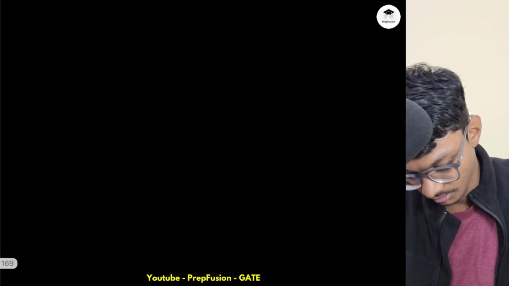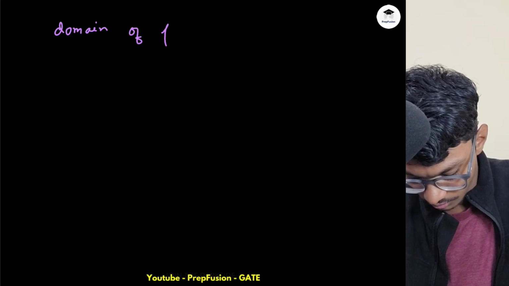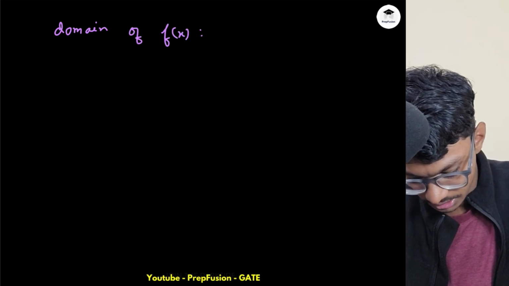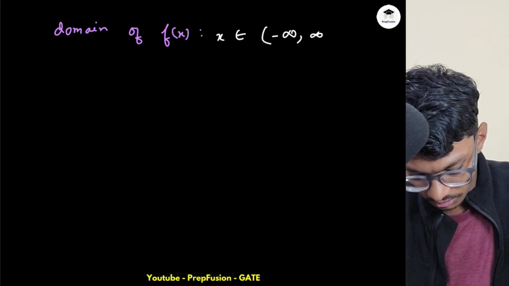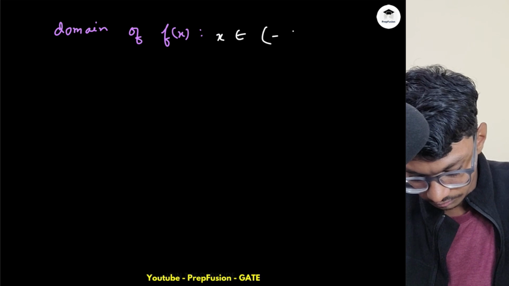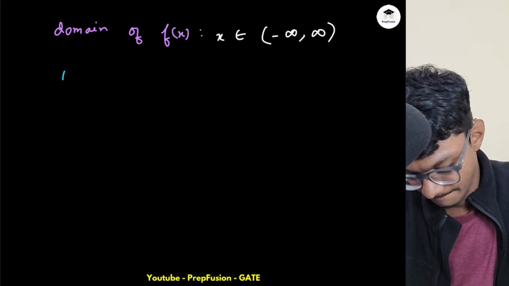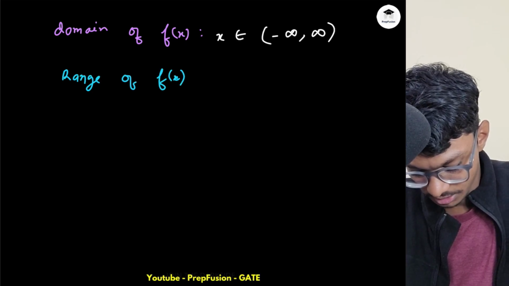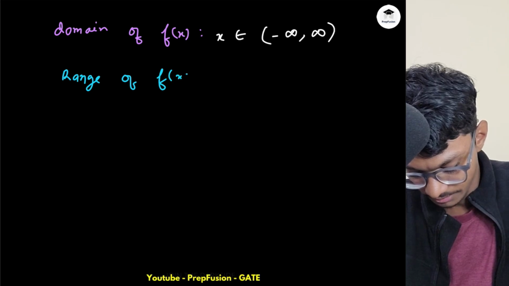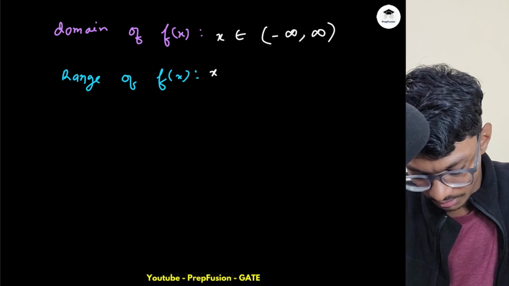So basically, the domain of f of x is x belongs to minus infinity to plus infinity, and the range of f of x, the output that I am getting, is y.